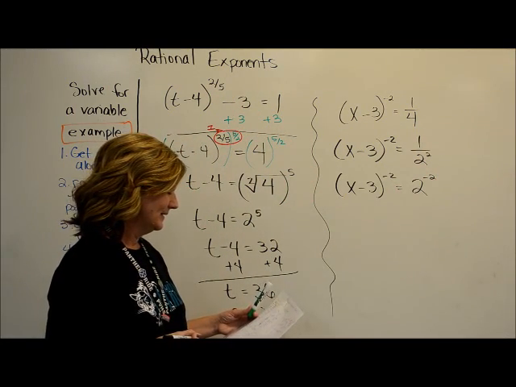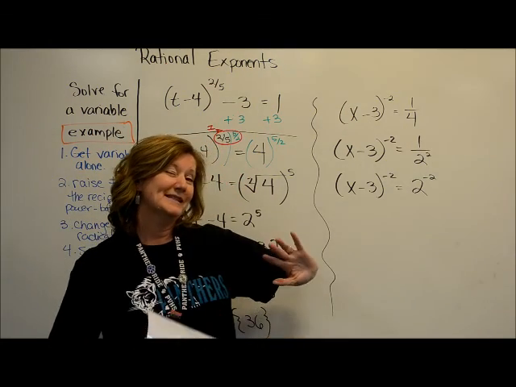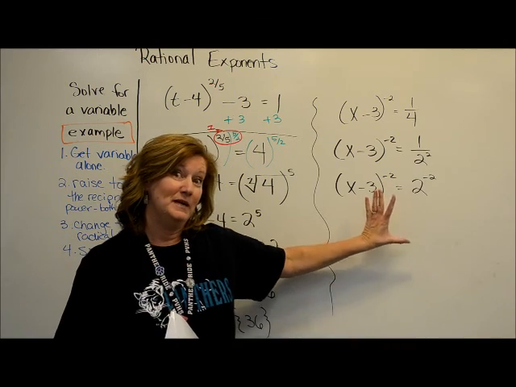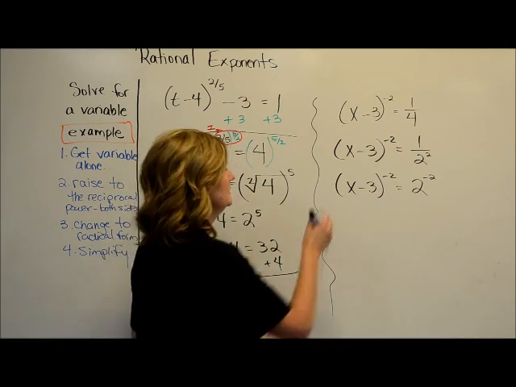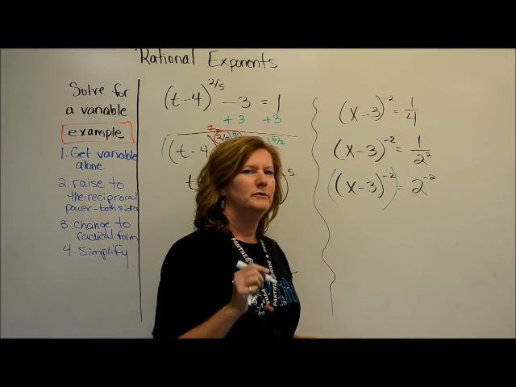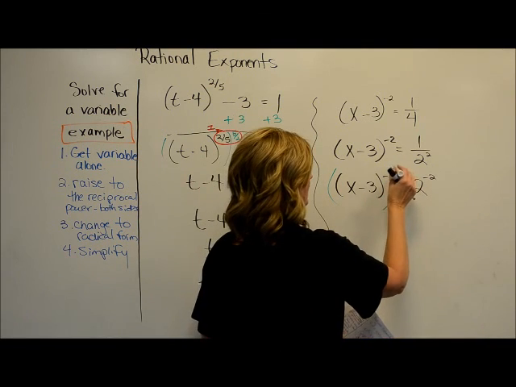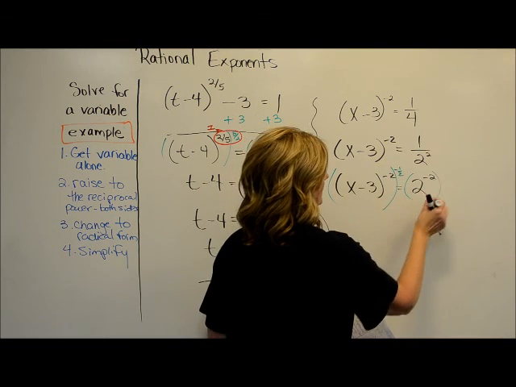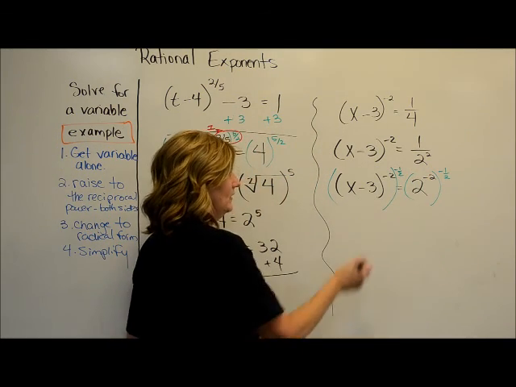Okay? And if you don't quite see where to go from here, you can raise it to the reciprocal power. And the reciprocal power, it's negative 2 over 1. So my reciprocal is negative 1 over 2. So negative 1/2, raised to the reciprocal power.